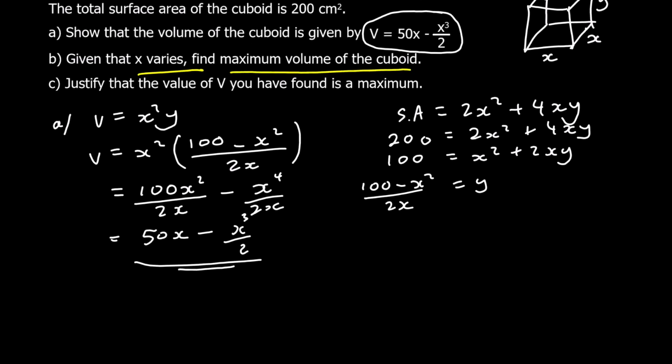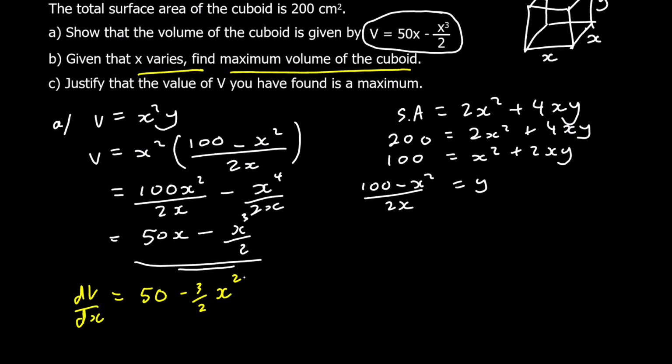Given that x varies, find the maximum. So we want dV/dx. So we're just differentiating. 50x becomes 50. Negative x cubed over 2, that's the same as negative a half x cubed. So times by the power, negative 3 over 2. Take 1 off the power. 3 minus 1 is 2. We want to find the maximum.